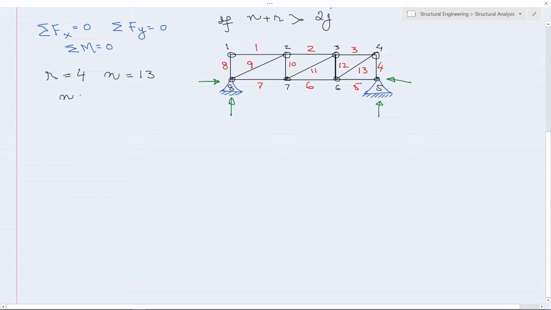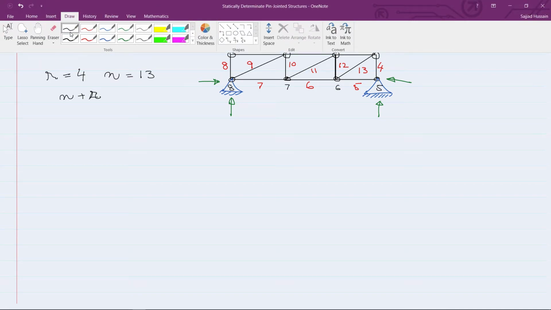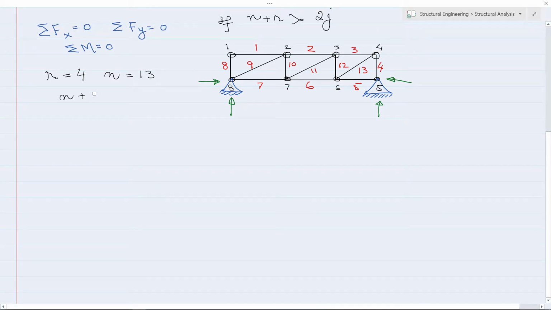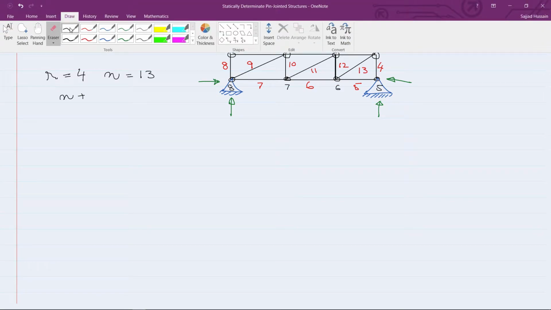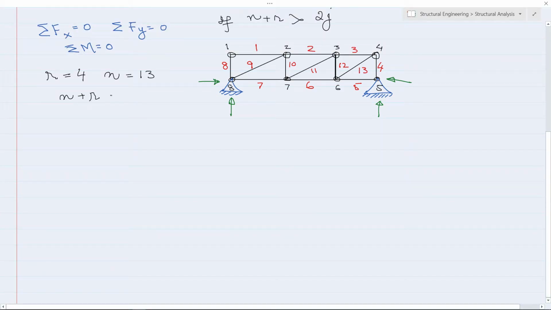so n plus r will be equals to 17. The number of joints here are 8, so 2 times j will be equals to 16. That means n plus r is now greater than 2 times j.